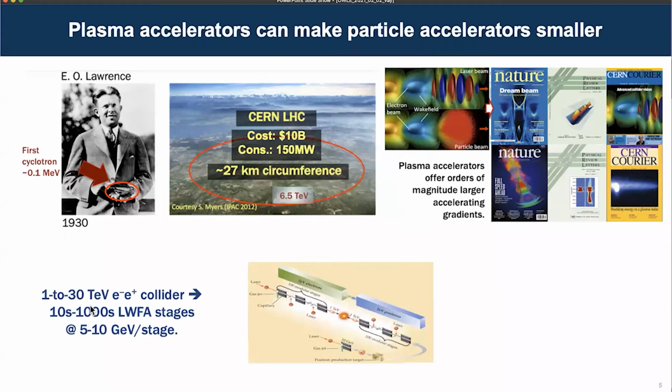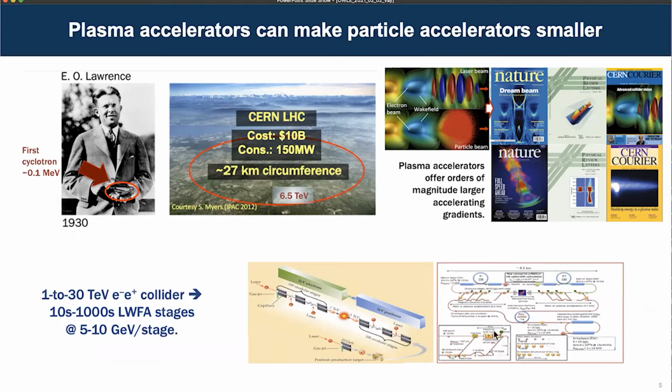And going forward, if we are potentially proposing colliders, say electron-positron colliders in the 1 to 30 TeV range to be interesting in the physics, then that would translate to from tens to thousands of laser wakefield accelerator stages, with each stage at 5 to 10 GeV per stage due to some physics considerations that have been discussed already. I will not go into that, but similarly, there's some possibility with beam-driven that also require some staging.